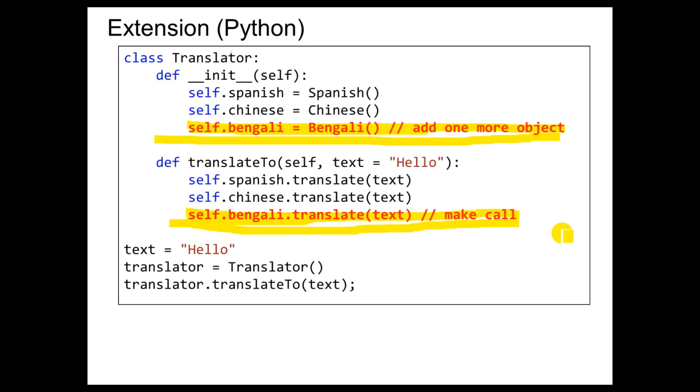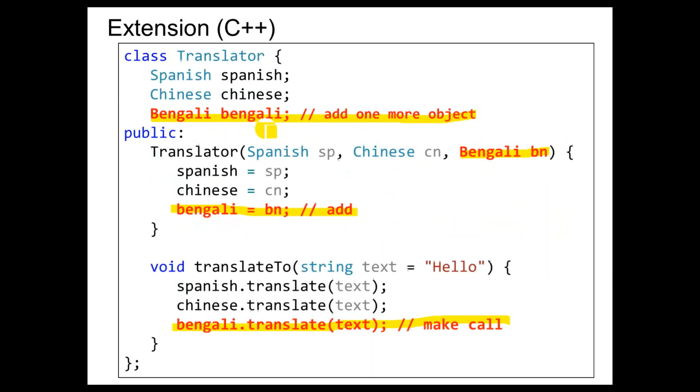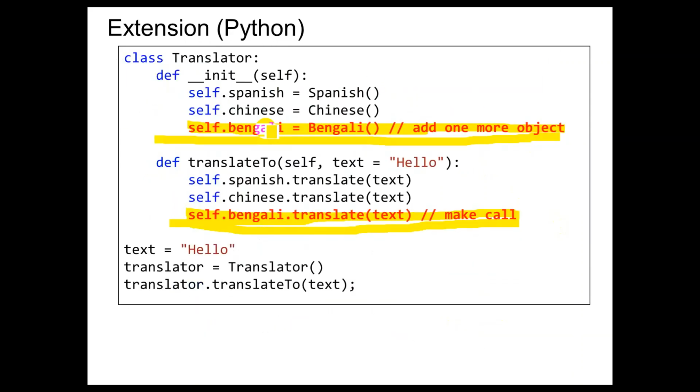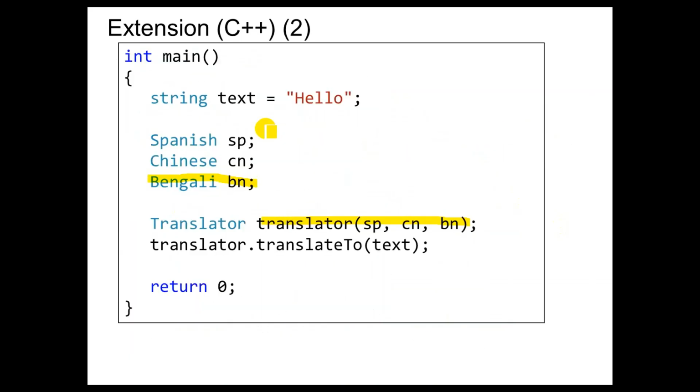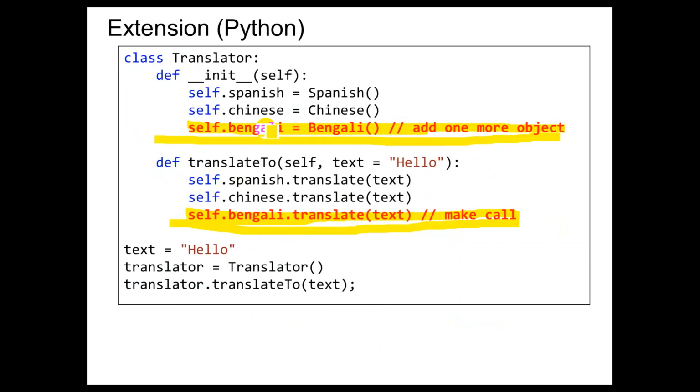You saw that. Let me go back. Initially we had only two classes, the Spanish class and the Chinese class. When we added a new class, then we needed to modify another class, right?